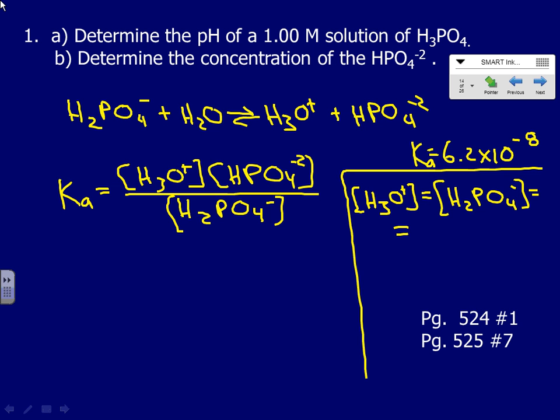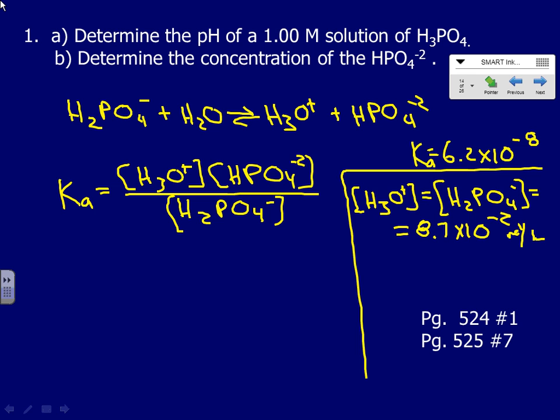The first equilibrium is dominating. It's loading the water up with H3O plus and H2PO4. What was that value from the previous part A, my previous slide? I cleared it away. What was that value, Elena? Times 10 to the negative 2 moles per liter. Moles per liter.